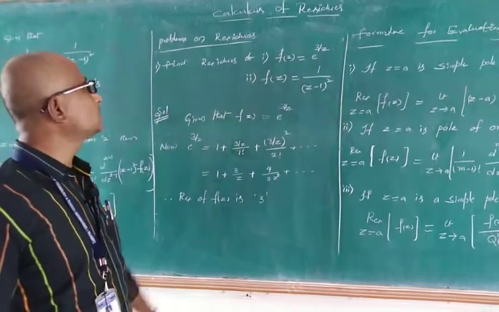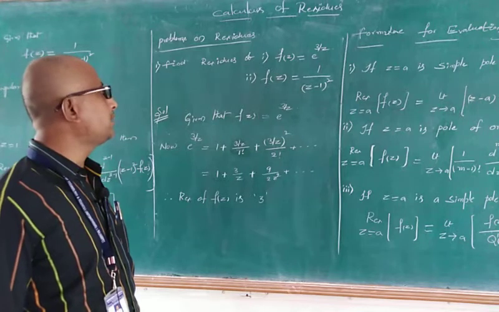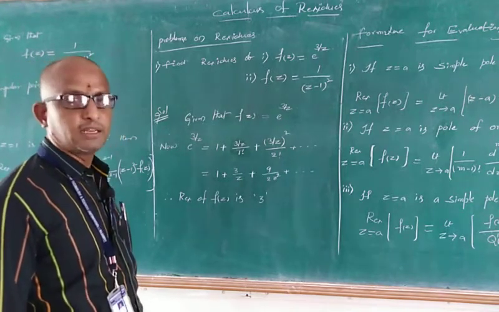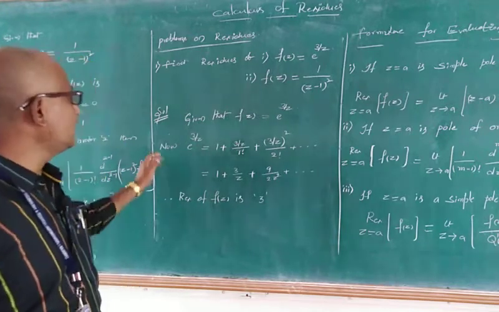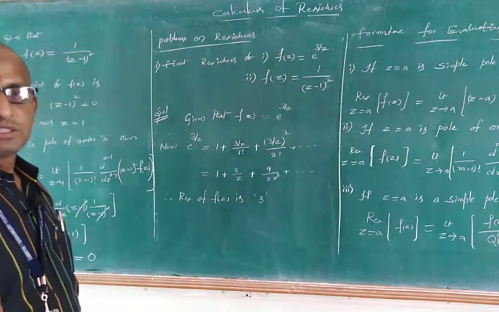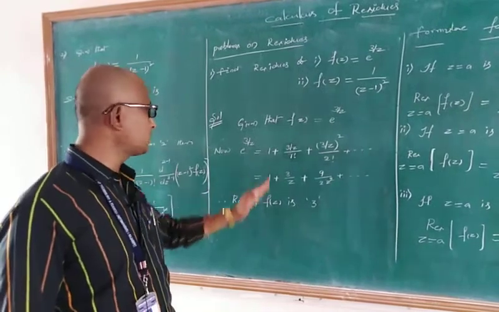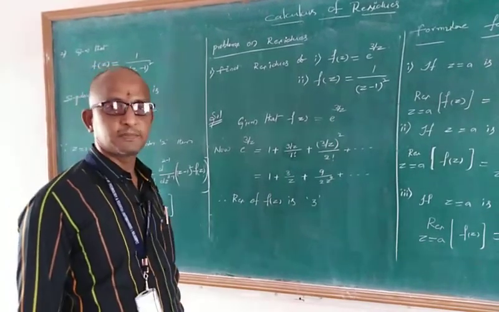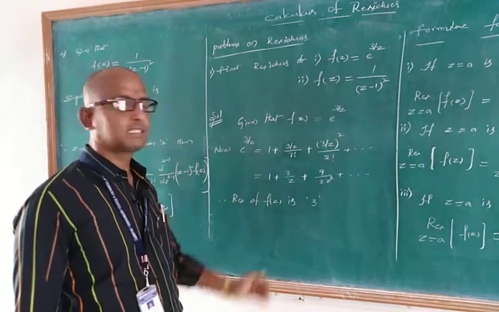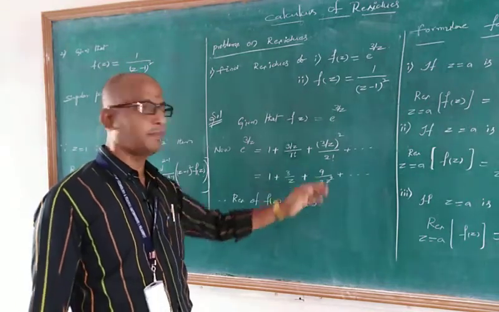Find residues of first one, f(z) = e^(3/z). Second one, f(z) = 1 / (z − 1)². Solution, given that f(z) = e^(3/z), it can be expanded by Laurent series. We know that e^x = 1 + x/1! + x²/2! + and so on.